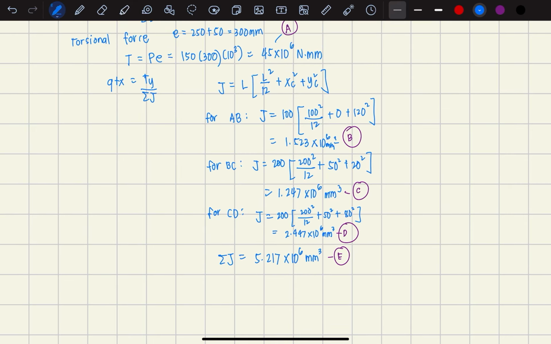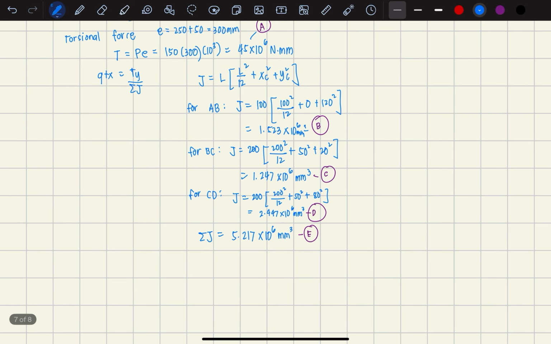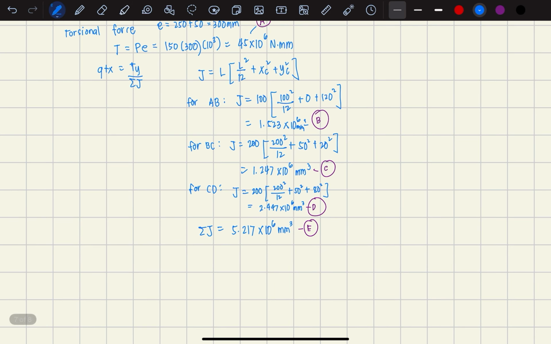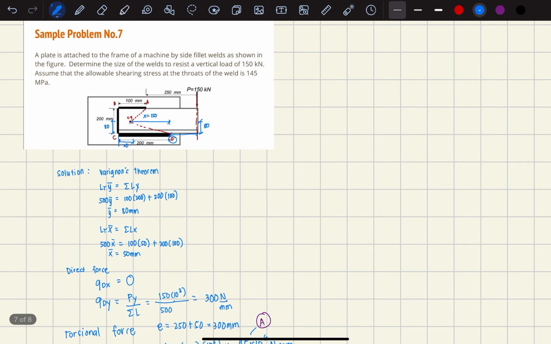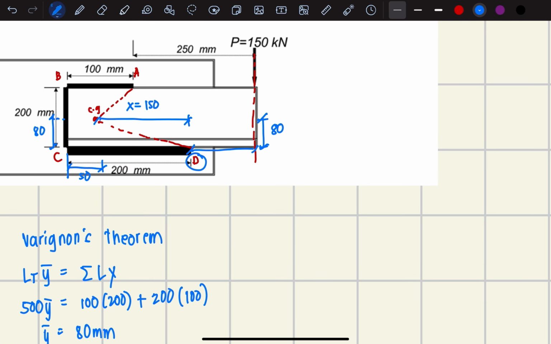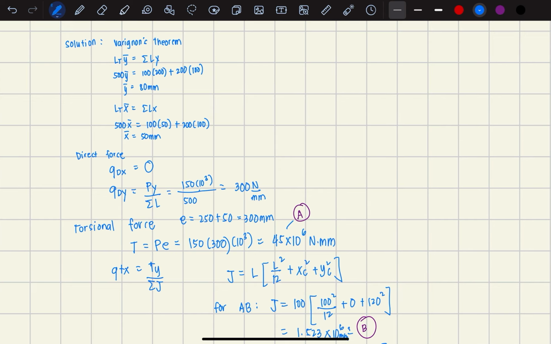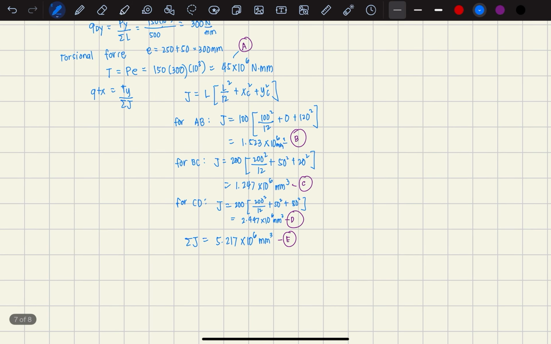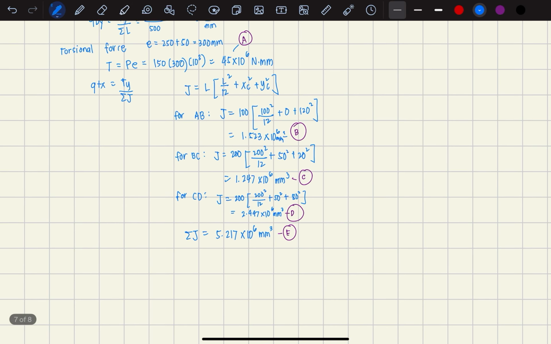So, solve natin yung most critical, which is yung D, kasi pumasok siya sa dalawang criteria: malayo yung edge na to sa centroid at saka malapit siya sa line of action ng load P. So, most critical is yung edge D.